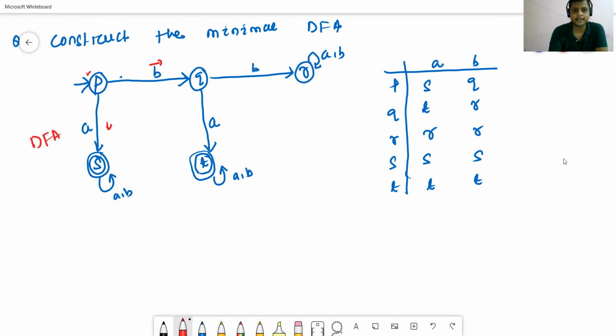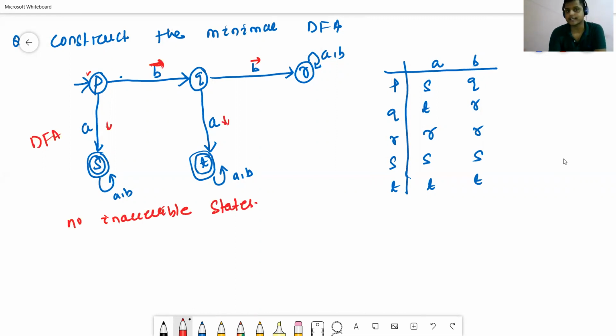Now we will reach T from the initial state using this path. Now we will reach R from the initial state using this path. So there are no inaccessible states in the given DFA.